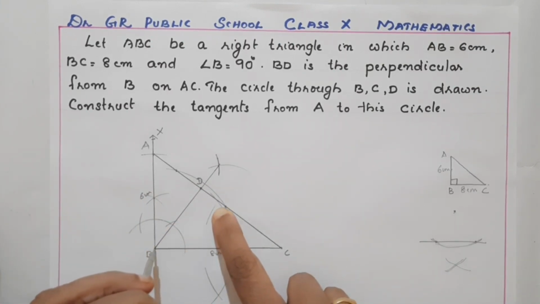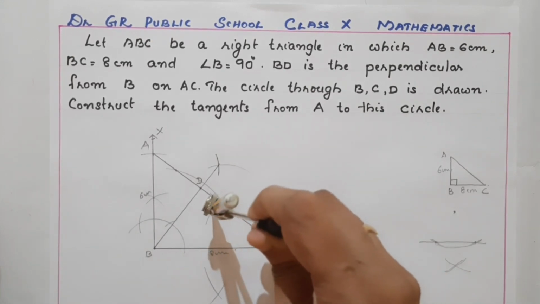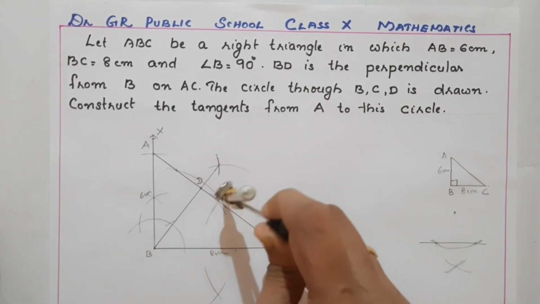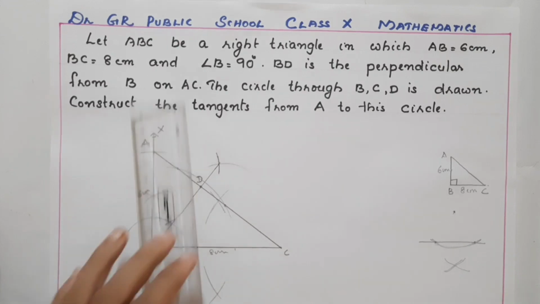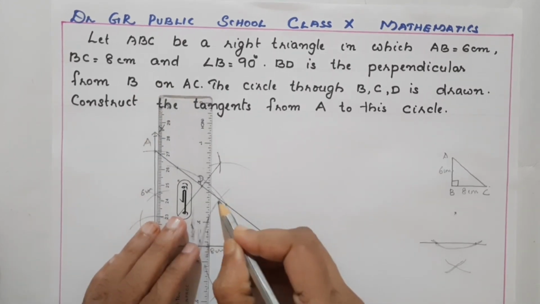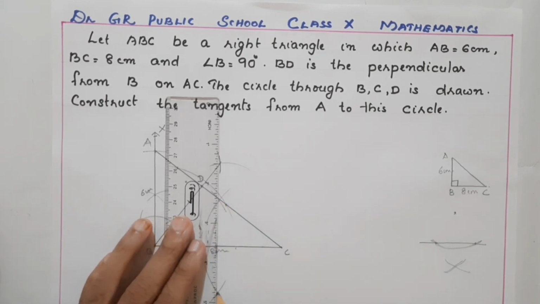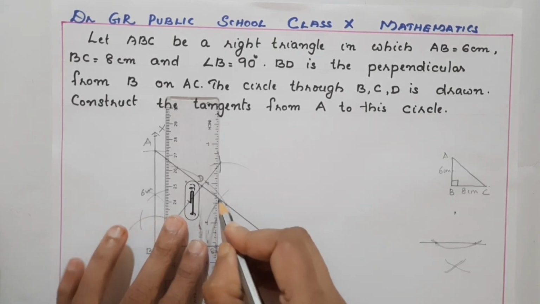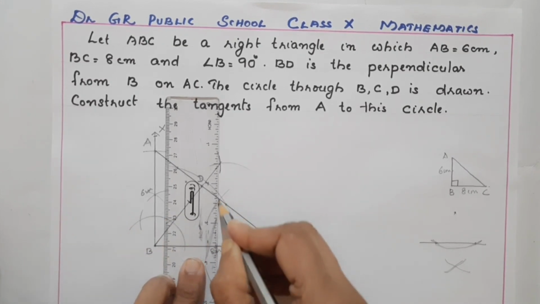See, here it is not intersecting. So let me draw once again. Okay. Now we have to join this point and this point to get the perpendicular bisector.